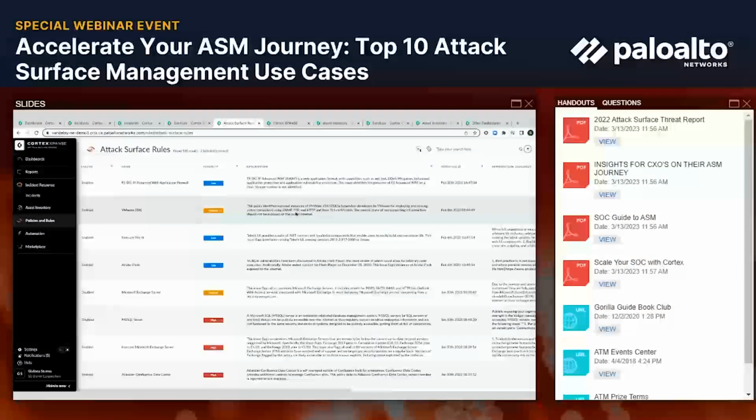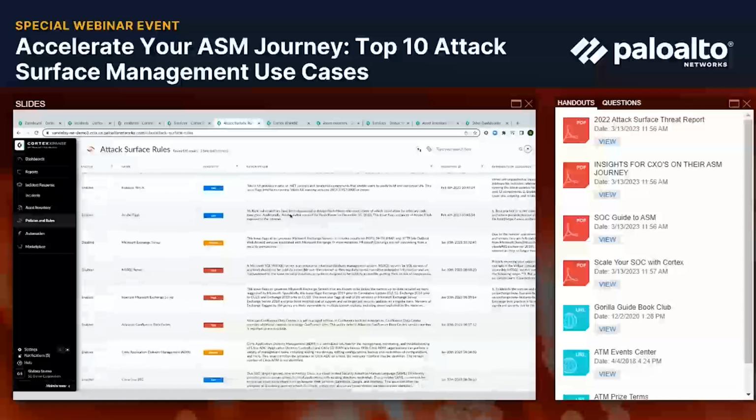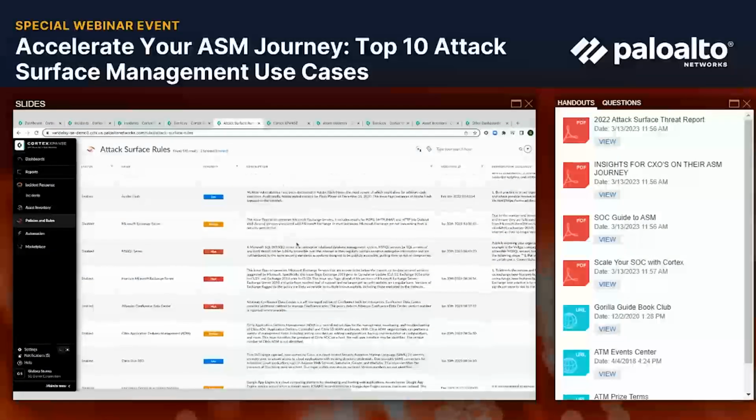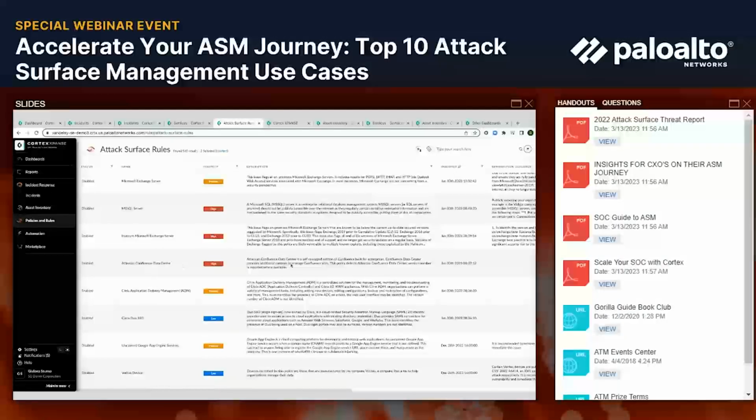For example, this very recent VMware ESXi server exposure, customers could use Xpanse to see if they had any of those exposures on their attack surface. We also had policies in place for Microsoft Exchange Server and Confluence before those high-profile CVEs even were released. This is a great way for customers and organizations to stay on top of new CVEs or 0-day vulnerabilities as they're released.